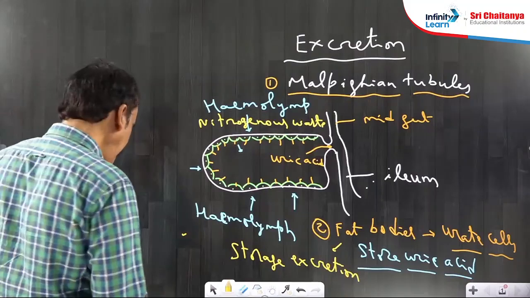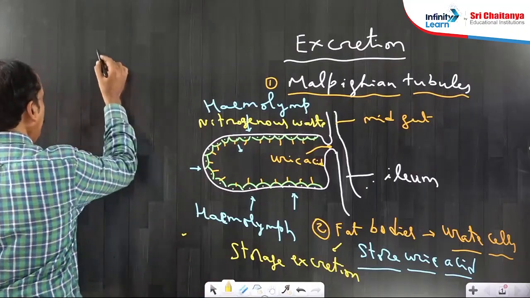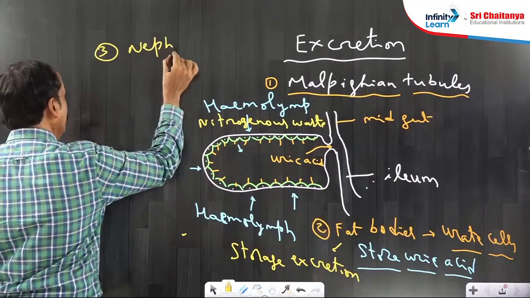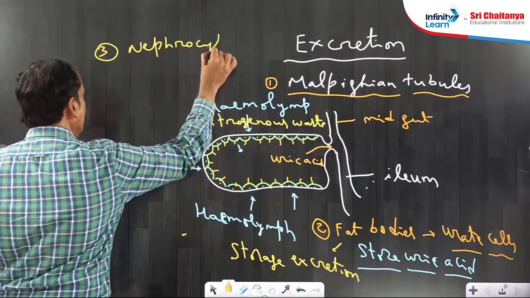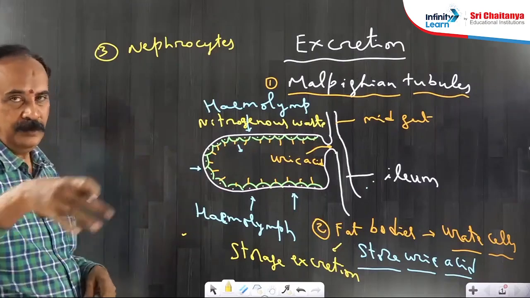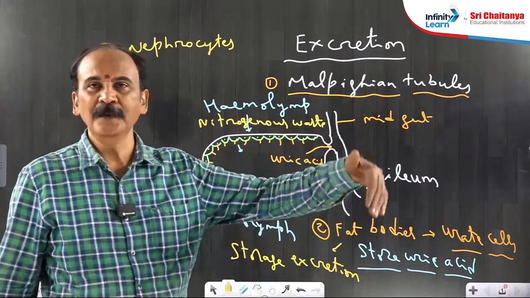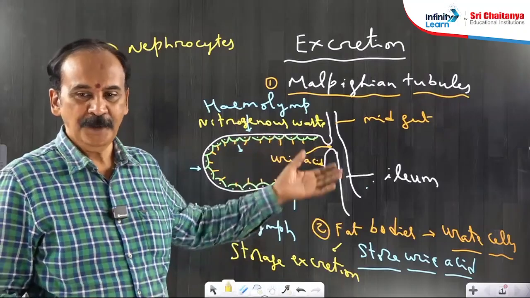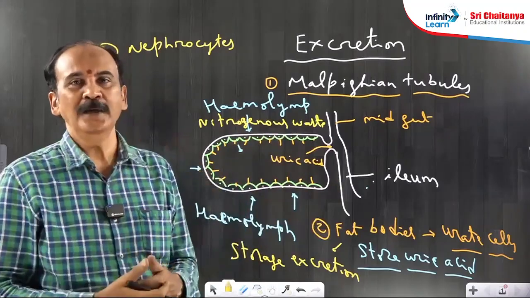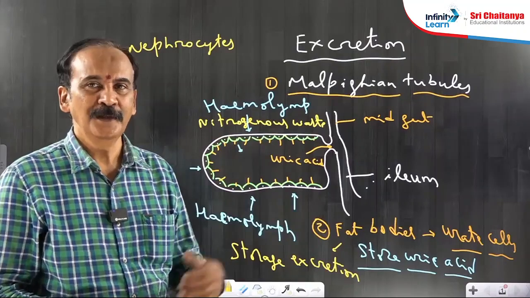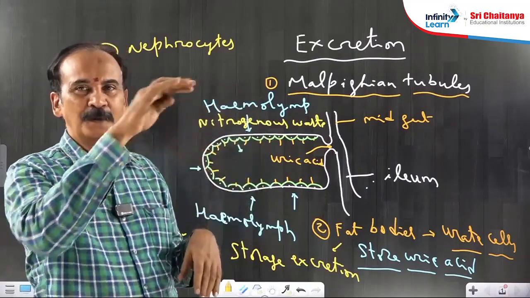And we have some other structures called nephrocytes. Nephrocytes are the cells present all along the heart chambers in the pericardial sinus. Yesterday I told you that the coelom or the body cavity in cockroach is called hemocoel, okay, and that hemocoel is divided into three sinuses.